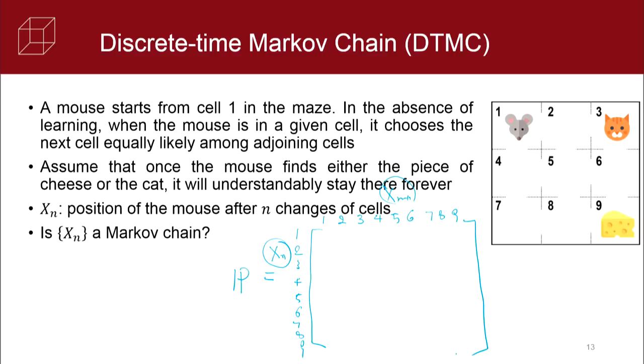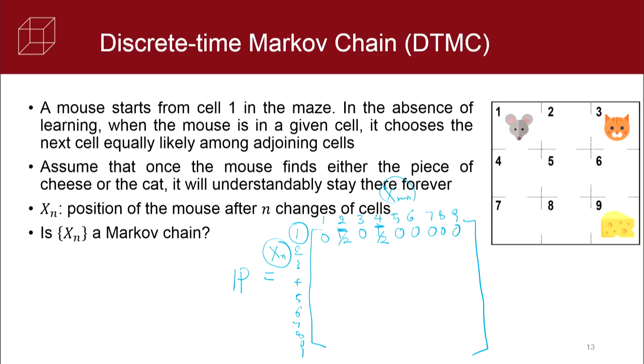Okay, so suppose that the mouse is in the current cell 1. He can choose either 2 or 4 equally likely. So that means 1/2 and 1/2, and it is not possible to choose the cells 1, 3, 5, 6, 7, 8, 9.